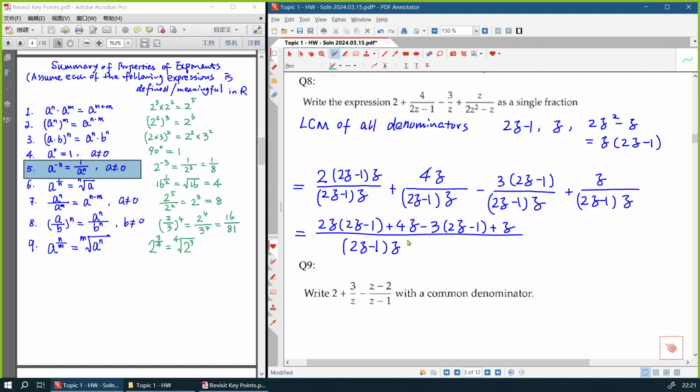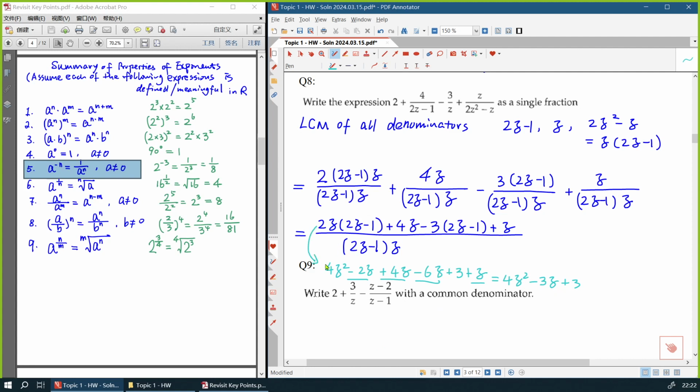I'll write it here. The numerator is 4z squared minus 2z plus 4z minus 6z plus 3 plus another z, right? If you combine all the like terms, you will get 4z squared, and minus 2z plus 4z minus 6z plus z will give you minus 3z, right? And then we'll have a plus 3.